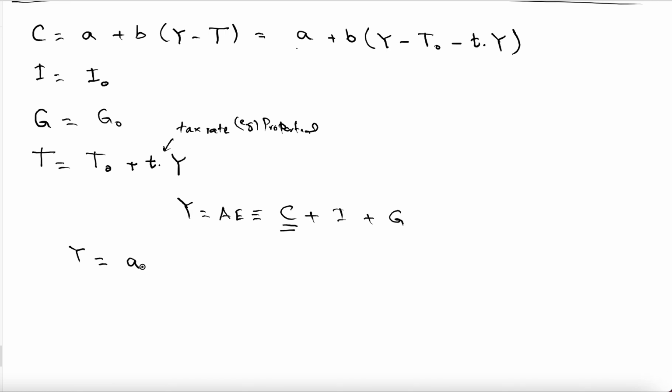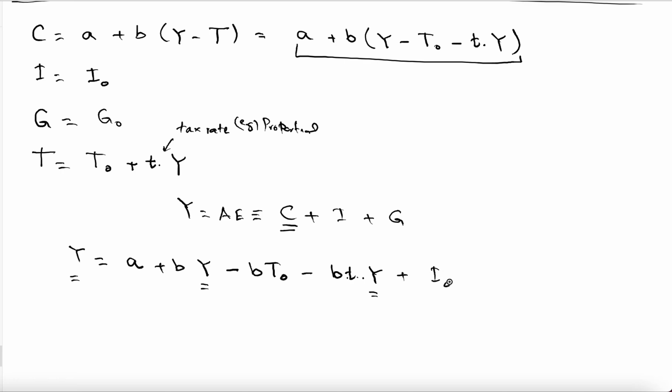So it's going to be A plus BY minus BT0 minus B times the tax rate times Y here. So here we have two Y unknowns. This takes care of the consumption already. How about the I? We assumed it is exogenous. And G is also exogenous.